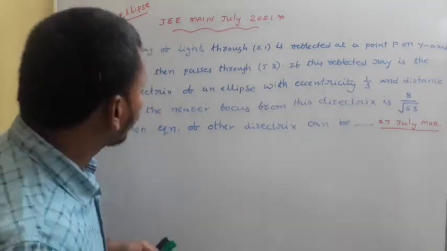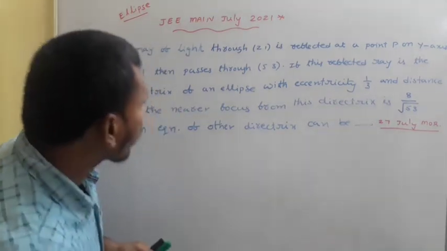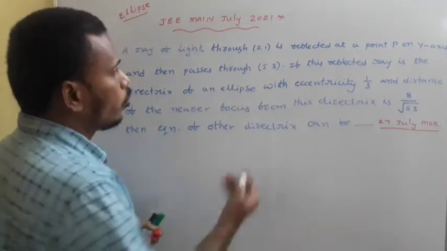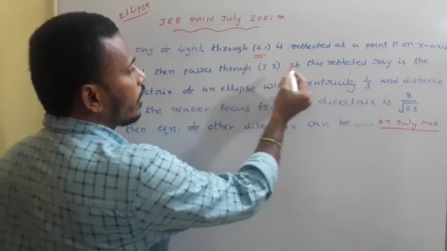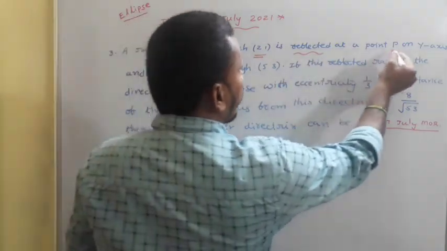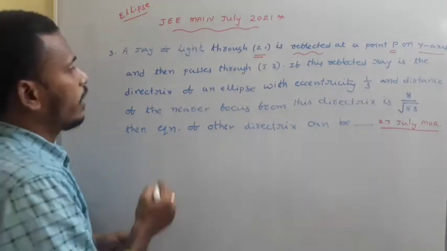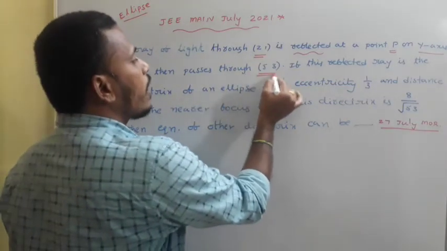First of all, if you read out the problem: a ray of light through (2, 1) is reflected at a point P on the y-axis and then passes through (5, 3).